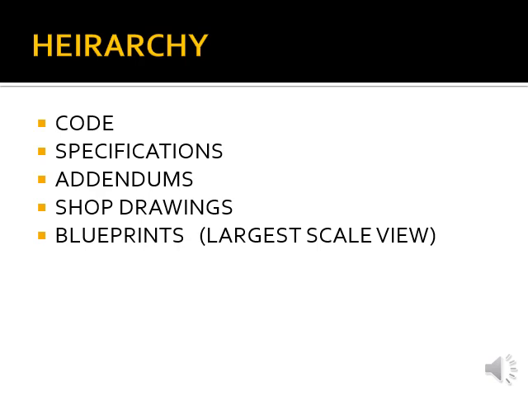Underneath that, we have the project specifications. Below that are addendums or revisions that have been issued. Below that are shop drawings, so things that you go out and physically buy, such as the windows, doors, hardware, anything that you've bought. And at the very bottom of it all are your actual blueprints. So your specifications overrule your blueprints.